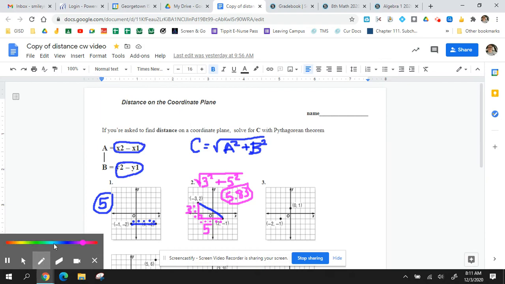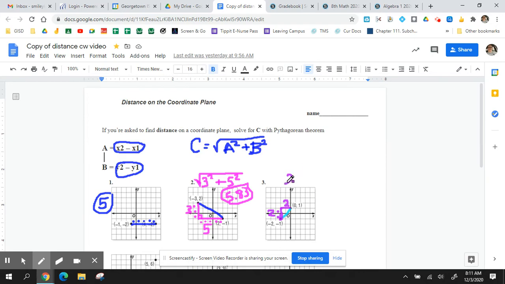So let's look at the distance between these 2 points. Again, I can make a triangle. Maybe I'll go up here because I have a little bit more room. From here to here, it is a right triangle. There's 2 boxes, and there's 2 boxes here.